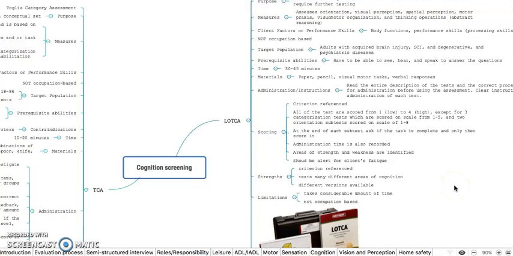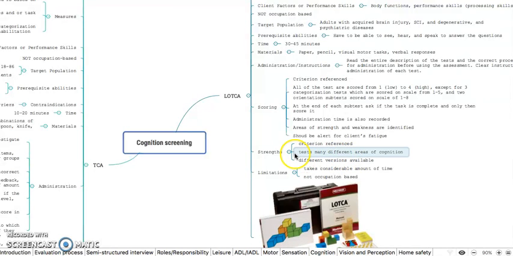And it assesses orientation, visual perception, spatial perception, motor praxis, visuomotor organization, and thinking operations, abstract reasoning. It's not occupation-based, and it's pretty easy to administer. It comes with the booklet and instructions on how to administer. And some of the strengths are that it's criterion referenced, and it tests many different areas of cognition, and that there's different versions.